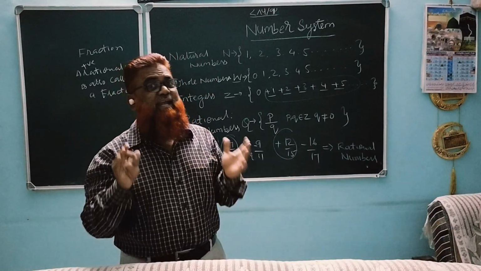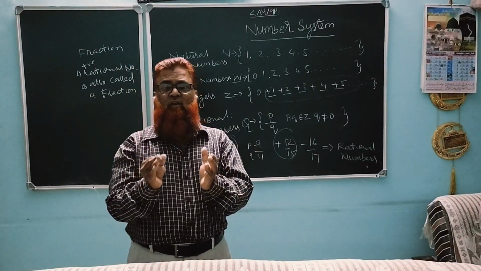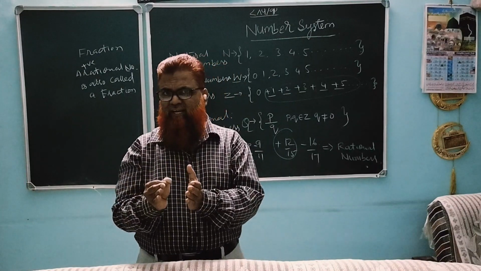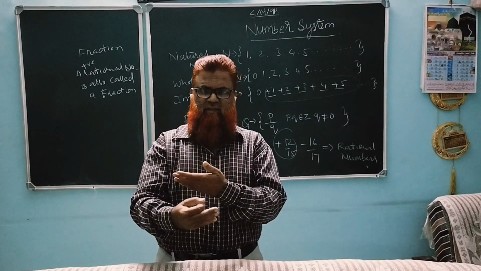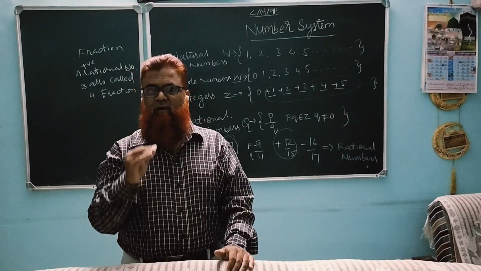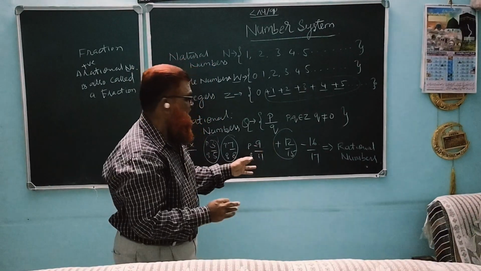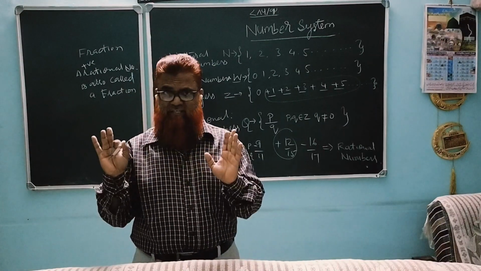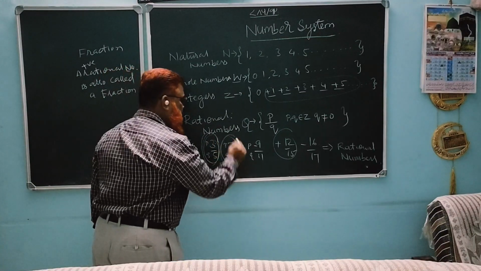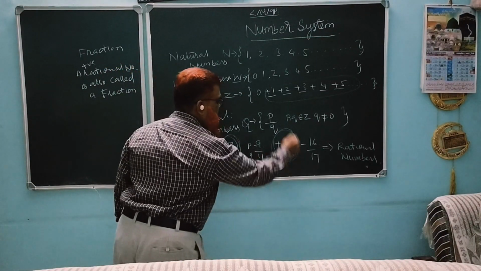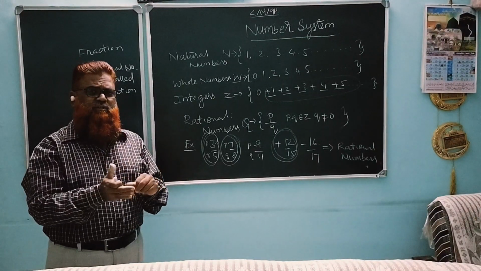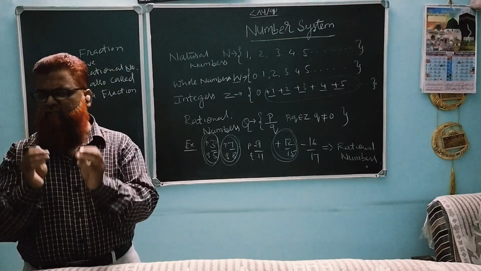So we can draw one logical conclusion: all fractions are rational numbers, but all rational numbers are not fractions. For example, 3 by 5 is rational and fraction, 7 by 8 is fraction and rational, 12 by 15 is rational and fraction. Why? Because both are positive. When both p and q are positive, it is a fraction as well as a rational.